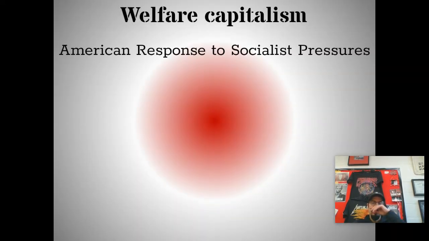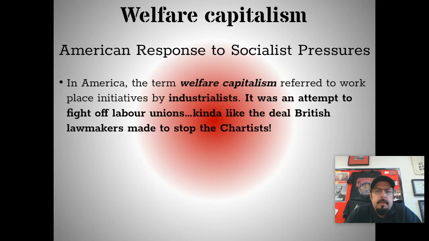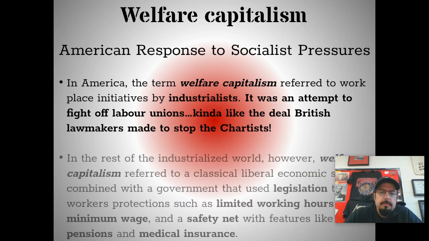Like I said, in the United States, you had an American response to welfare capitalism. In America, the term welfare capitalism referred to workplace initiatives by industrialists. It was an attempt to fight off labor unions that had become more prevalent in Europe, kind of like the deal that the British lawmakers made to stop the Chartists almost 100 years prior.